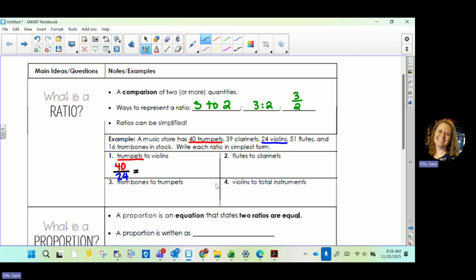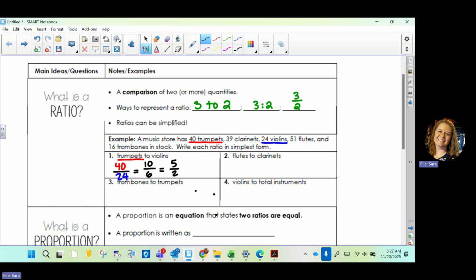If I divide out a 4, that would leave me with 10. And what's 24 divided by 4? 6. But 10 and 6 can still both be reduced because they're both even. I can divide out a 2 from both of those still, can't I? So you keep reducing until you can't anymore.